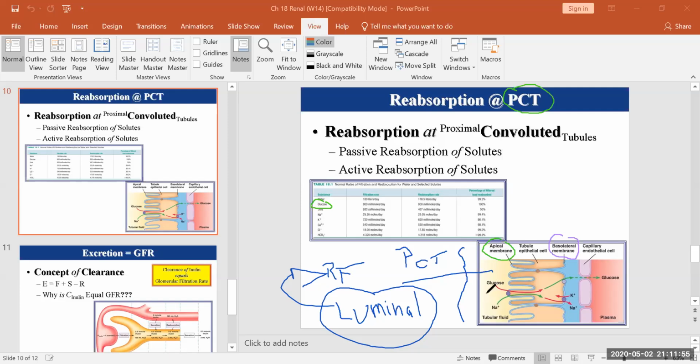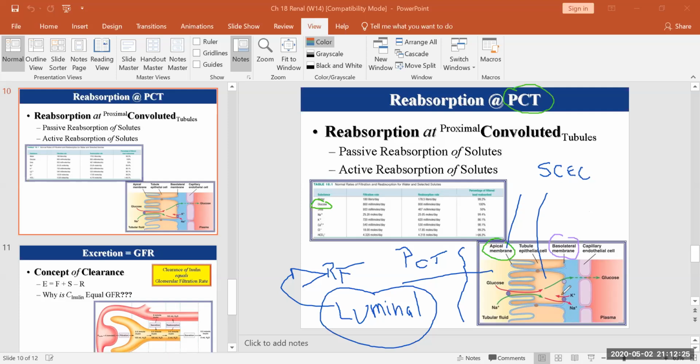So at the apical membrane, glucose transport is through secondary active transport. Again, I'm going to say it again. At the apical membrane, glucose gets inside the tubular cells. This cell here is a simple cuboidal epithelial cell.